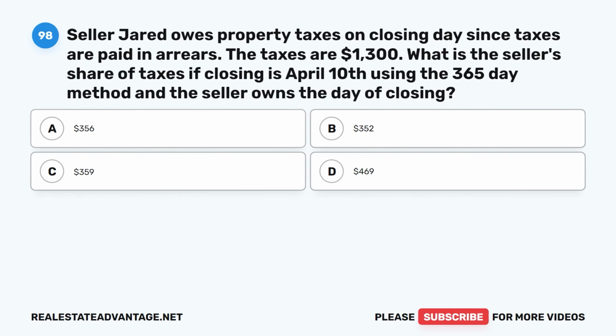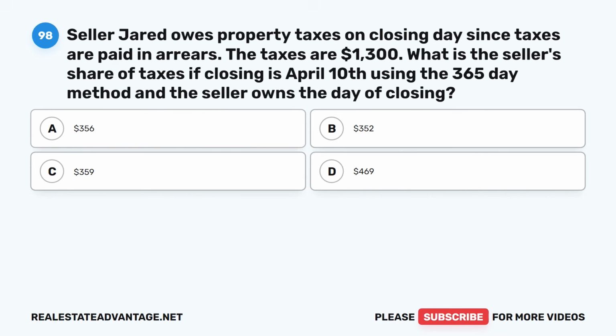Question 98. Seller Jared owes property taxes on closing day, since taxes are paid in arrears. The taxes are $1,300. What is the seller's share of taxes if closing is April 10th, using the 365-day method and the seller owns the day of closing? A. $356. B. $352. C. $359.